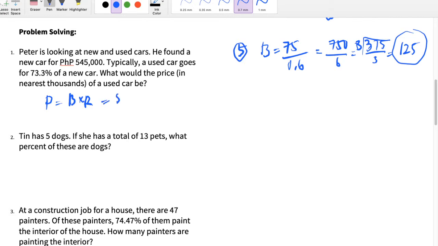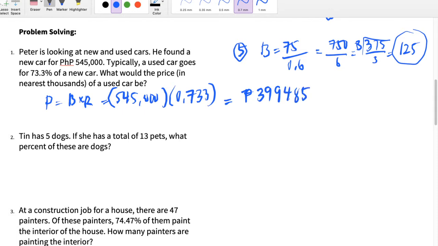So, 545,000 times 73.3 or in decimal, 0.773. If you multiply them, sige, papakita ko pa ba? You should get 399,485. Okay, that's for number 1.